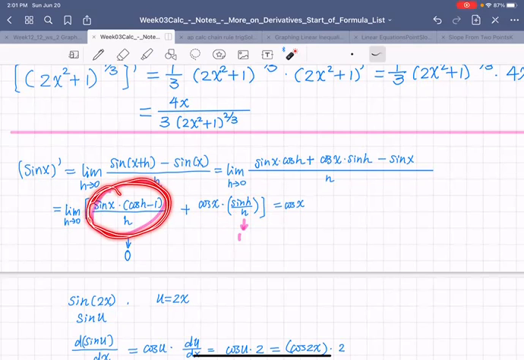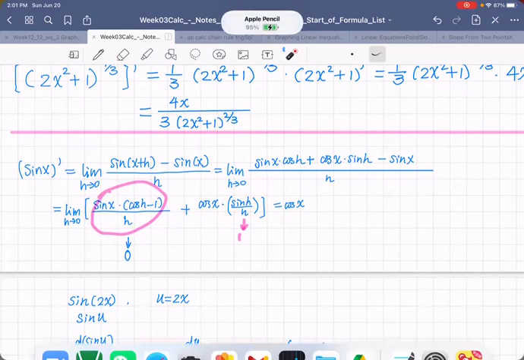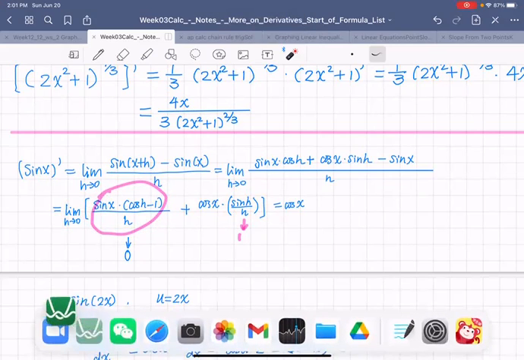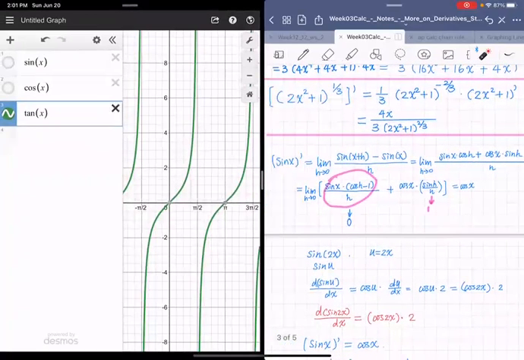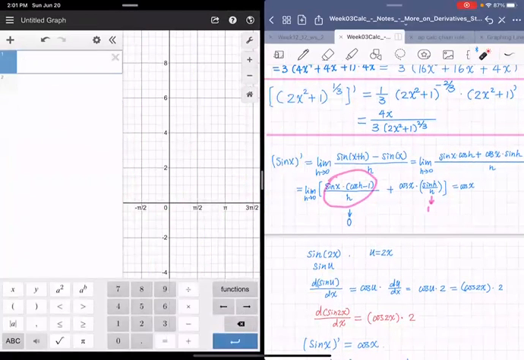Based on our current knowledge, we are not able to tell what this is, but there is always a graphical way. We can use the graph to tell us. So we want to look at cosine x minus 1 over x.